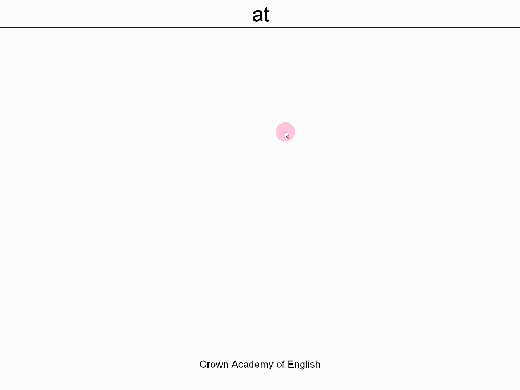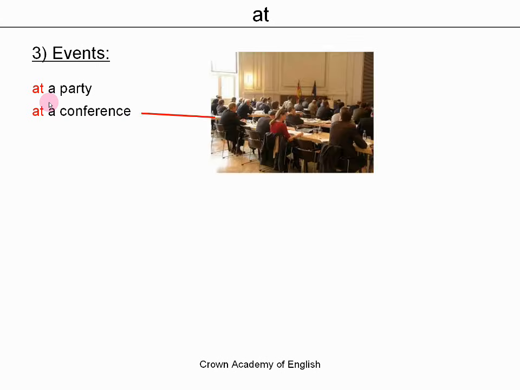And another use of at is events. For example, at a party, at a conference. So this is a photograph of a conference. So we can say, this man, he is at a conference.